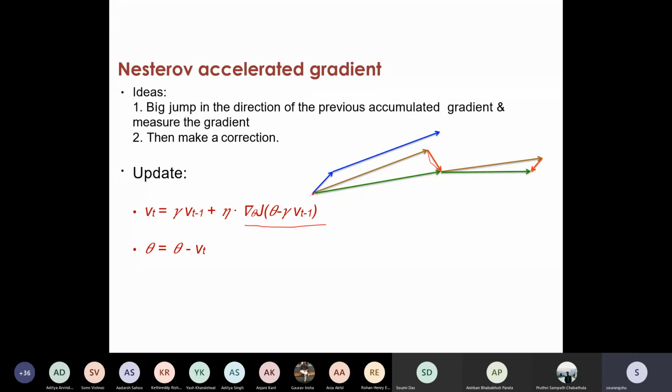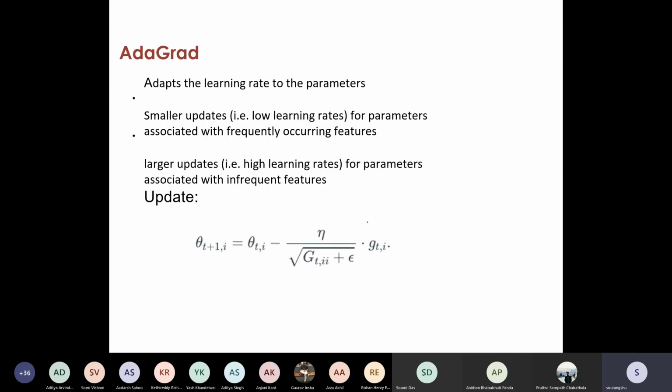So you jump in the direction of the pre-accumulated gradient, and then you measure the new gradient, and then you do the correction. This is the Nesterov accelerated gradient descent. Both Nesterov acceleration and the previous method are ways of incorporating momentum. So momentum is one way of accelerating these gradient descent kind of updates.